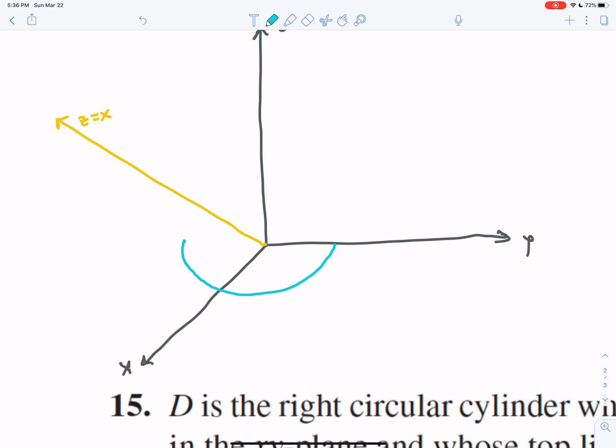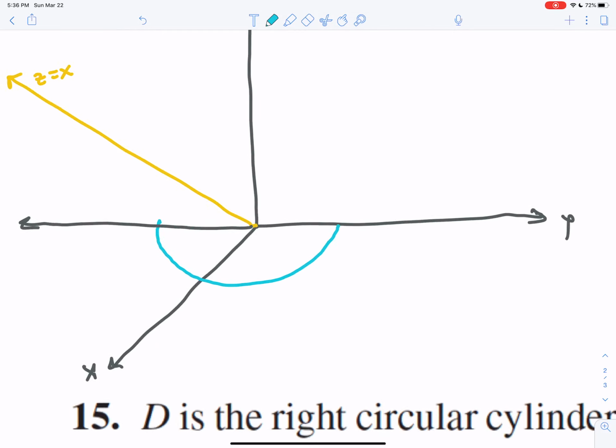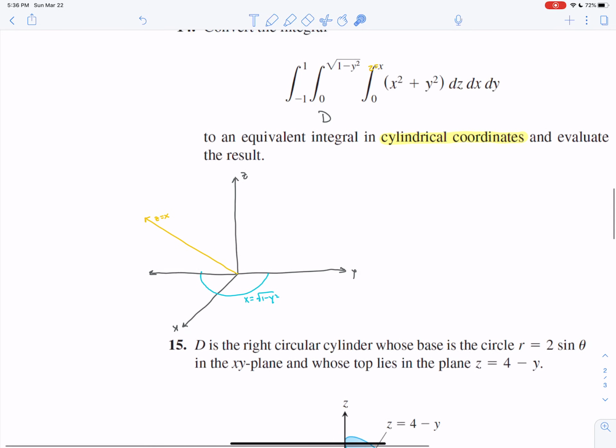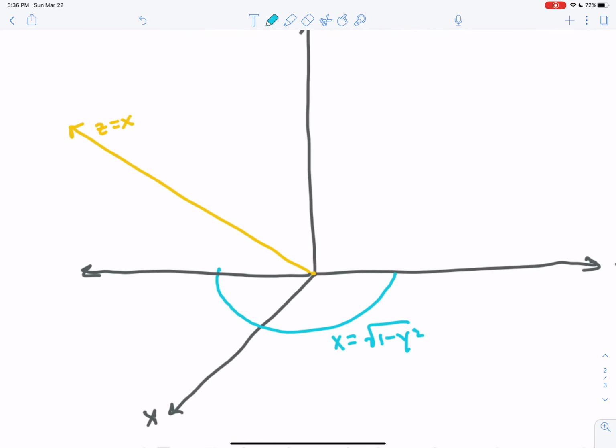So it's kind of going to lie there like that, right? Let me draw the negative portion of the y-axis as well. Okay, cool. So that right there is, what is this? This is x equals the square root of 1 minus y squared, right? In the negative version, the negative square root of 1 minus y squared, that would trace out the back half of that unit circle. And then in the y direction, we're just going from negative 1 to 1, which is already where this goes.